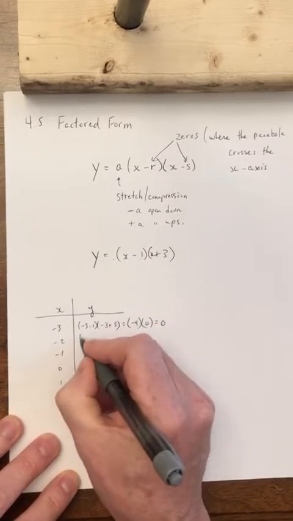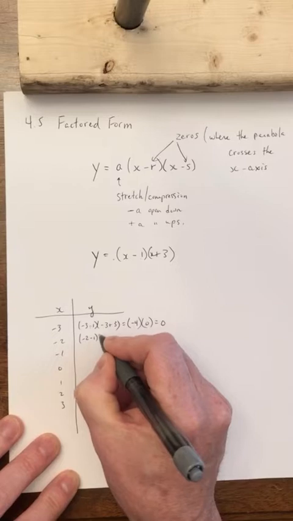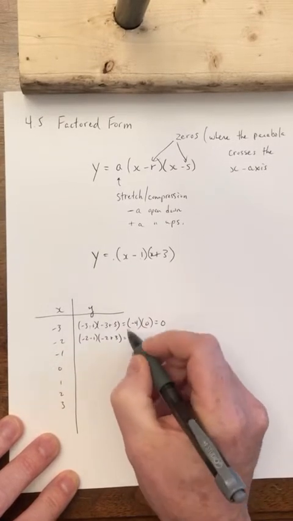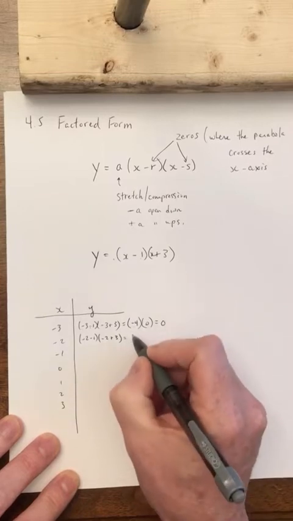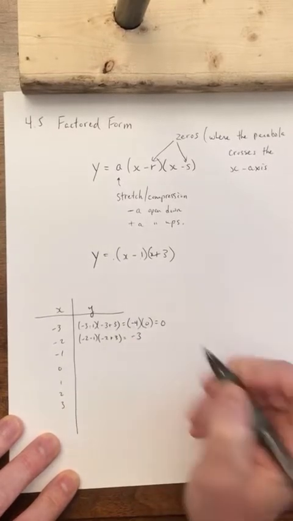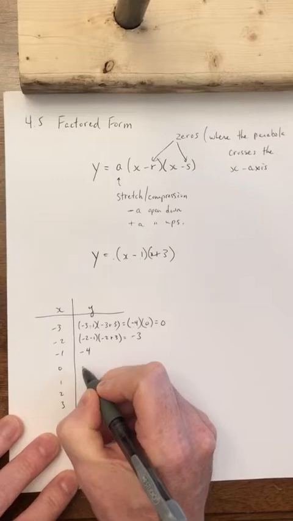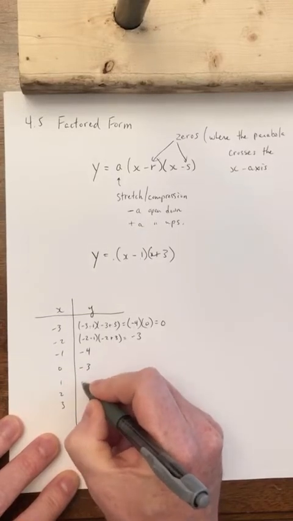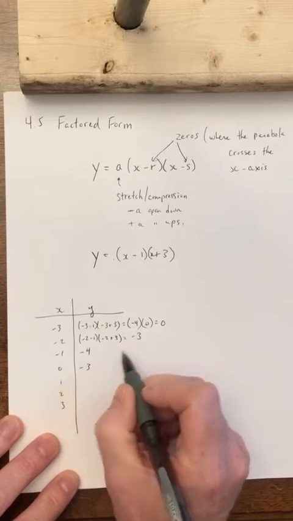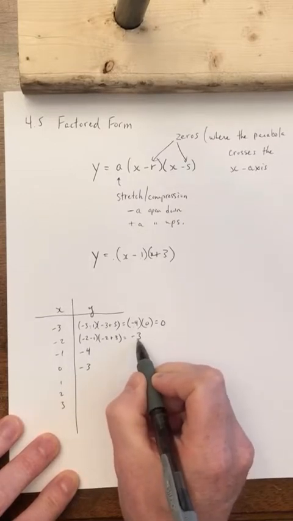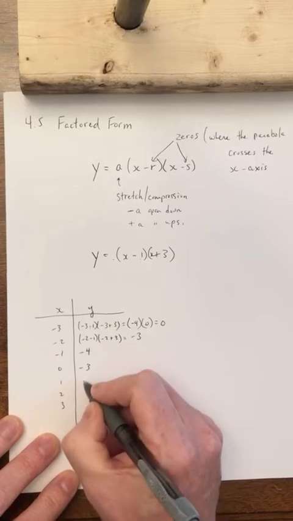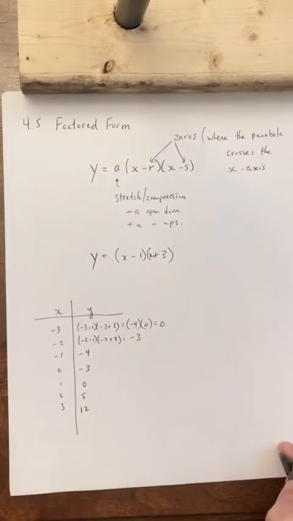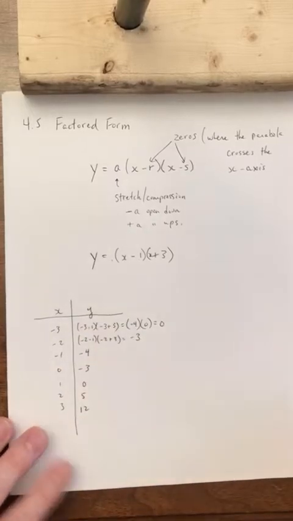And if we do the same for negative 2, I believe we get negative 3. And I won't bore you with all that. Oops, I think I made a mistake here. Nope. So here are our values.